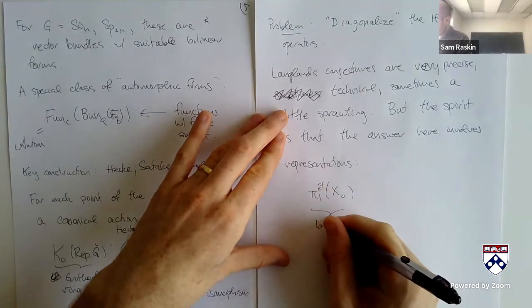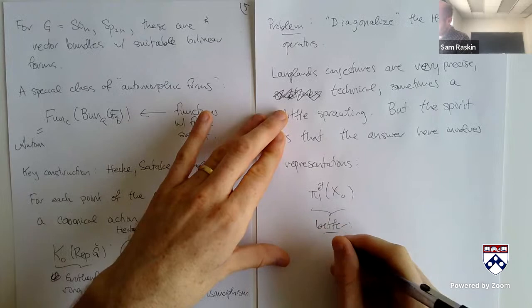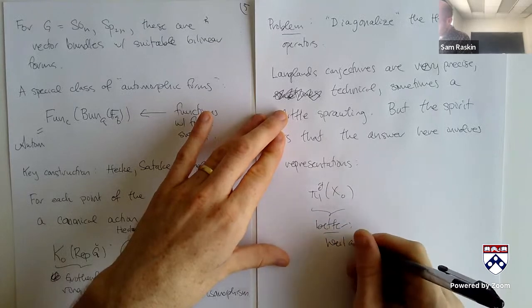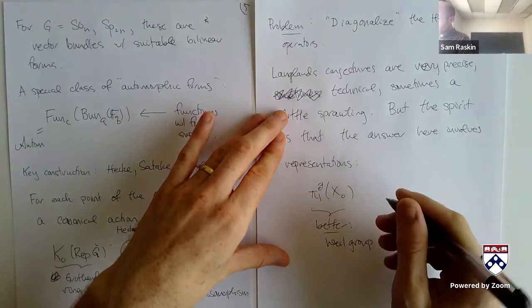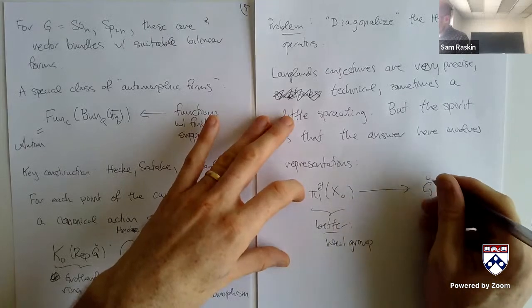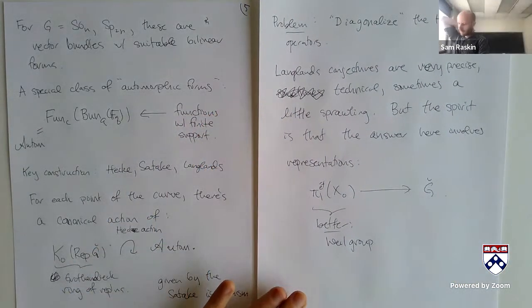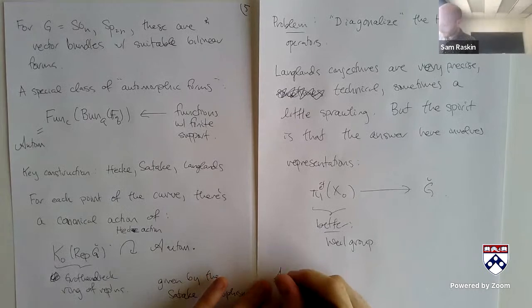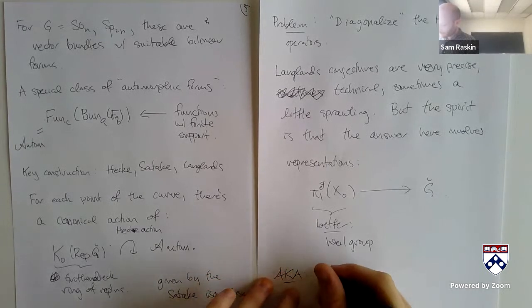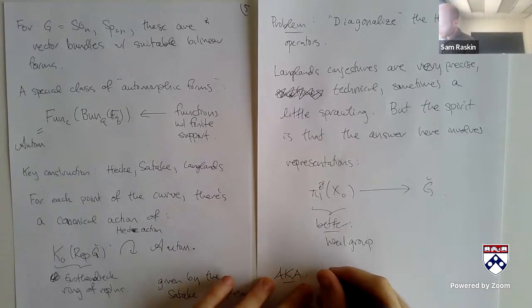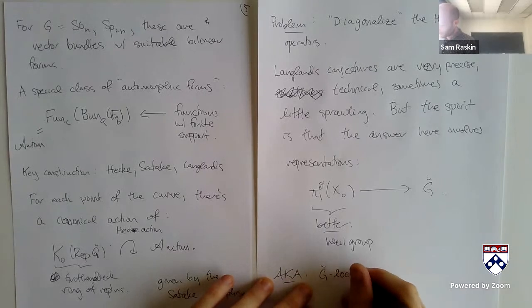So this is somehow, okay, already writing it better. You should take the Weil group, if you know what that is, into this group G check. AKA it involves G check local systems on X.